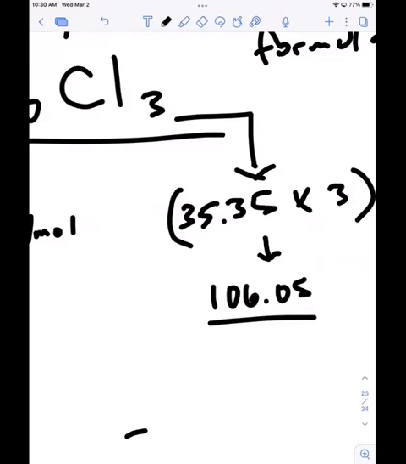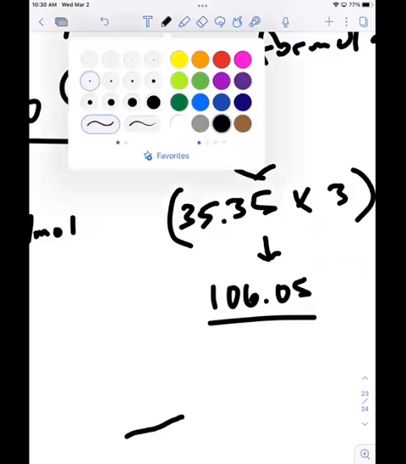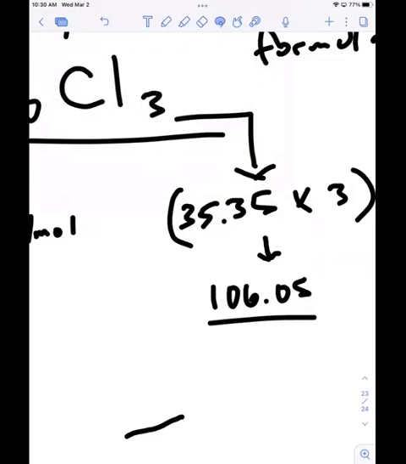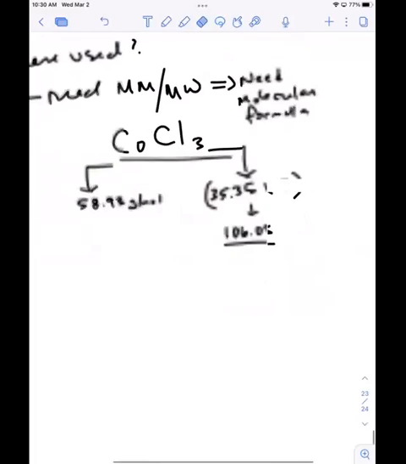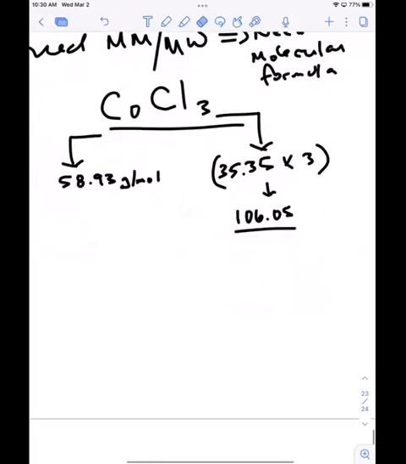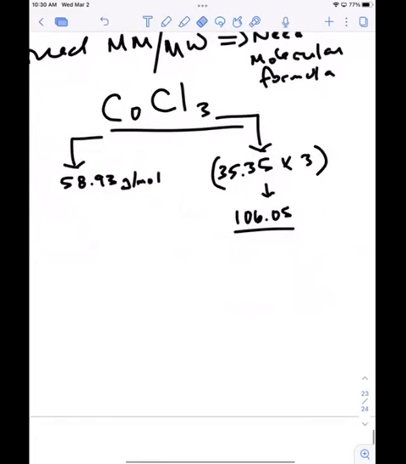Good. All right. So when we add those two together, 106.05 plus 58.93, what do we get? Let me see. 165.03? Is that what you have?